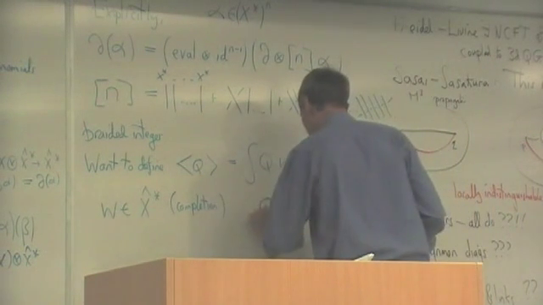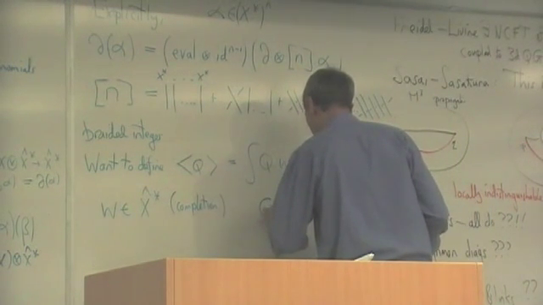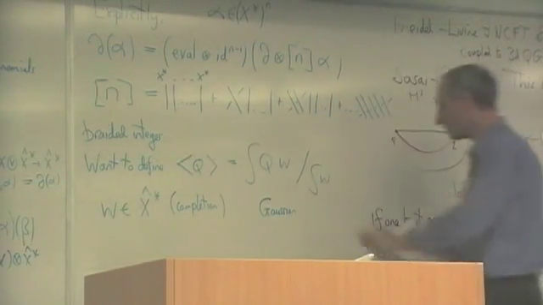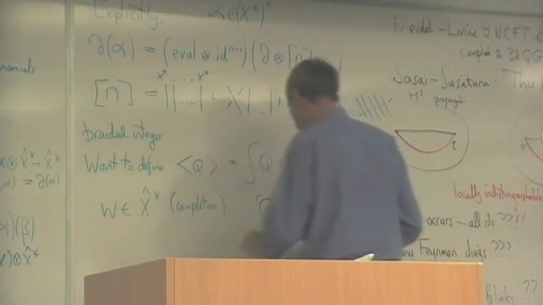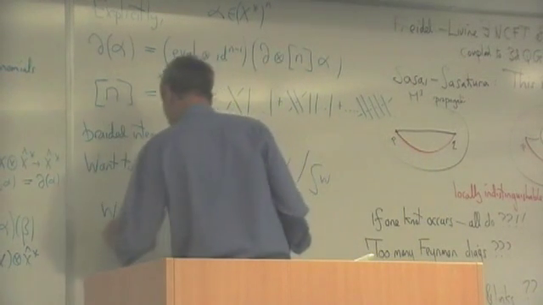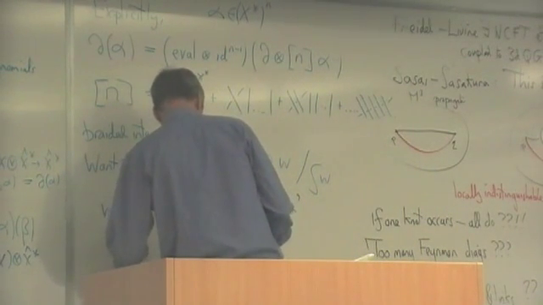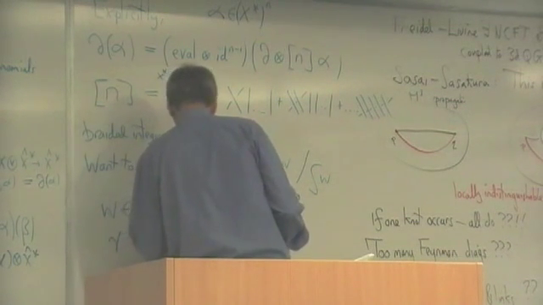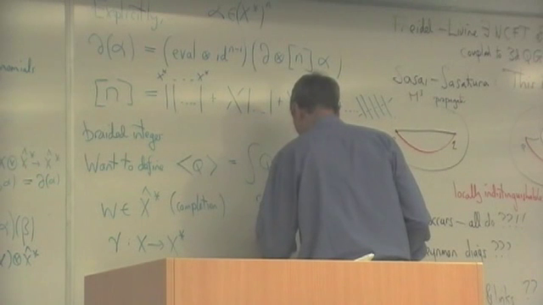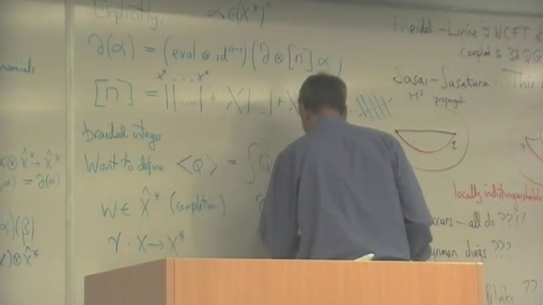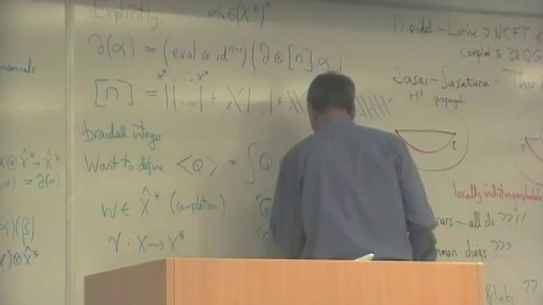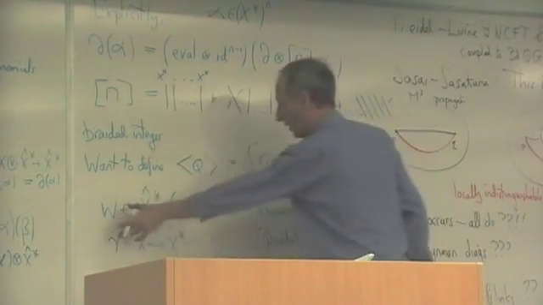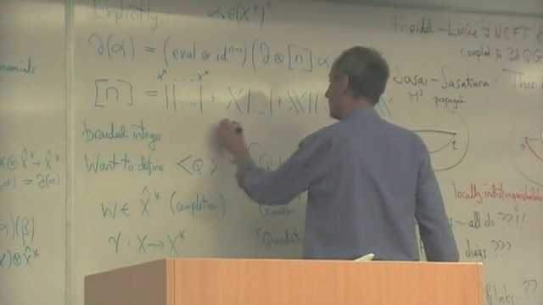This is a Gaussian. So a Gaussian should be defined by a quadratic form. That's a quadratic form. Alright, yes. So we're going to pick W and gamma once and for all.